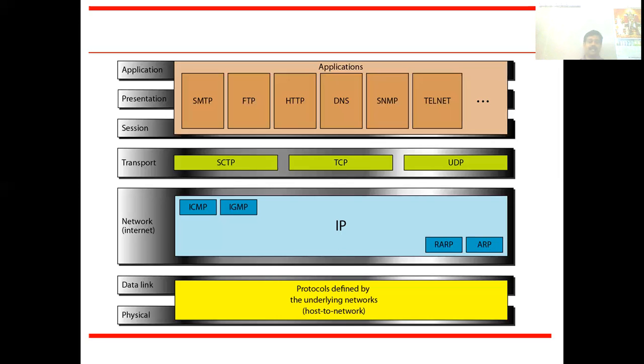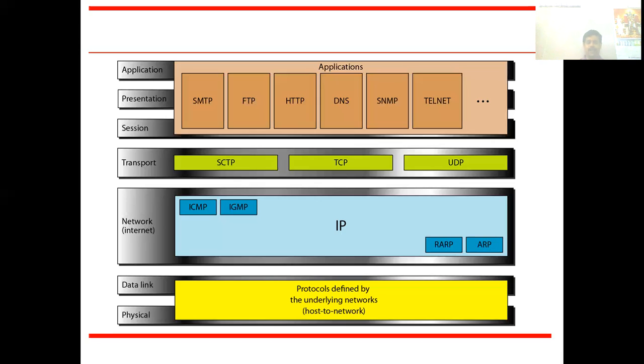Next layer is the transport layer. The function of the transport layer is that it assures the error-free transfer of messages from source to destination. And in the transport layer, the protocols mentioned are transmission control protocol, stream control transmission protocol, and user datagram protocol.